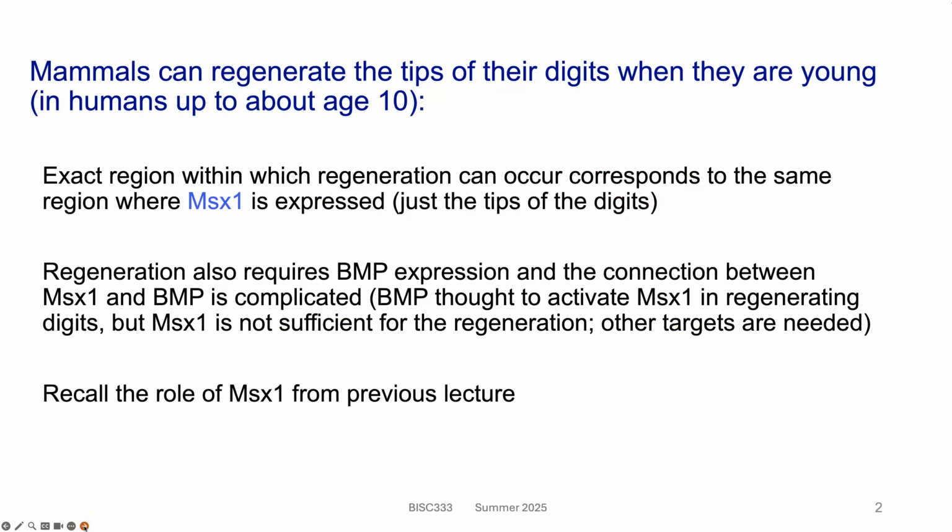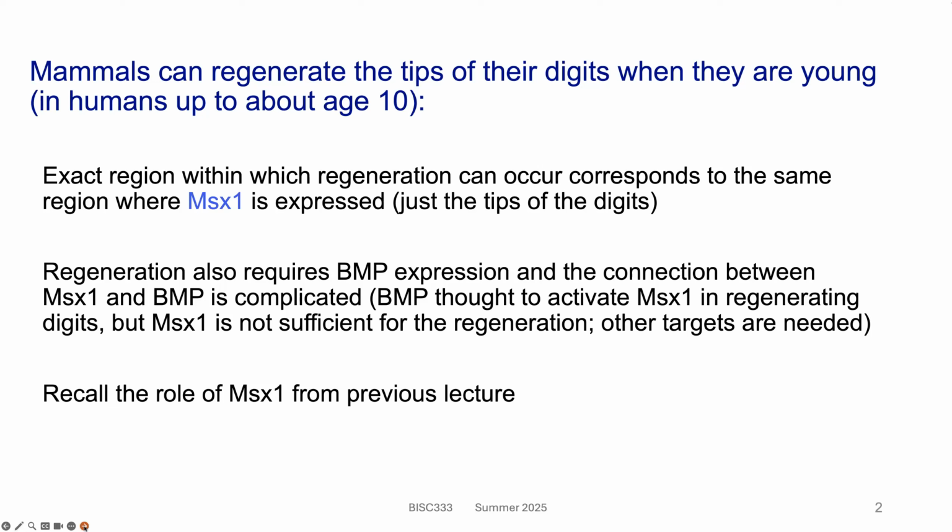Okay, and I'm just starting with this little tidbit. It's kind of interesting that even after birth, a lot of mammals do retain the ability to regenerate the tips of the digits when they're still young. In the case of humans, this is up to age somewhere between 8 and 10.